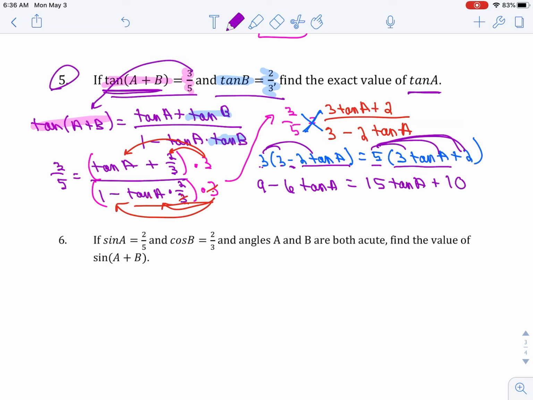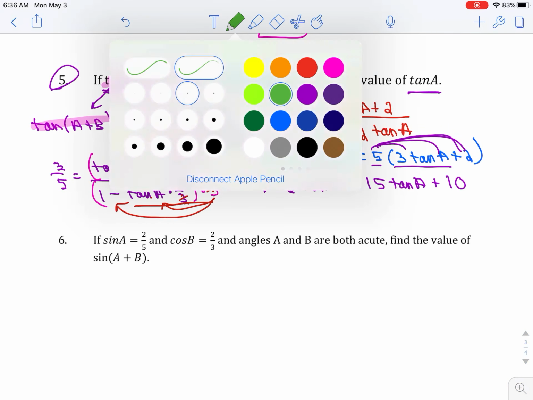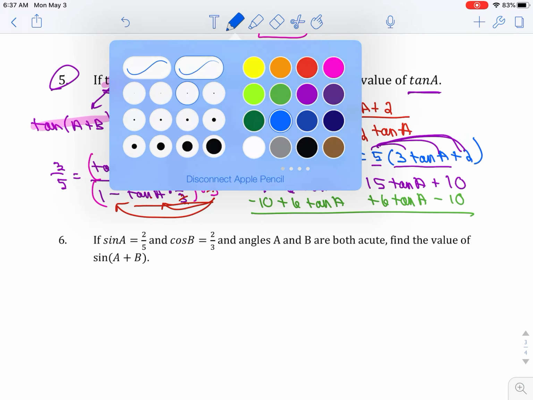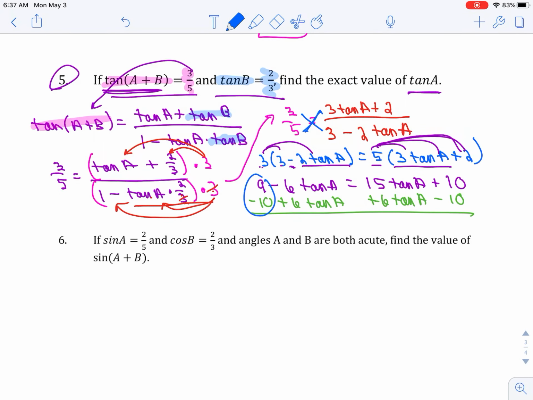So now what I want to do is get all of the tangent terms on one side and the non-tangent terms on the other. So I'm going to add 6 tan a to both sides, just to keep the coefficient positive. And then I'm going to move this to the other side by subtracting 10. So that's going to give me, on this side, -1.